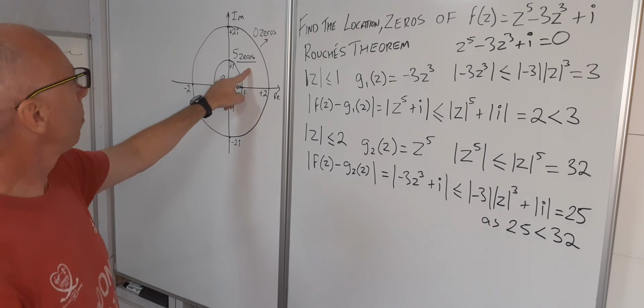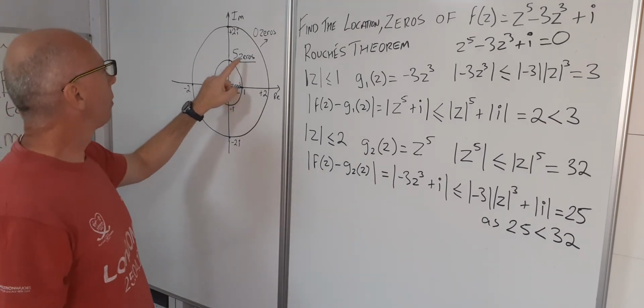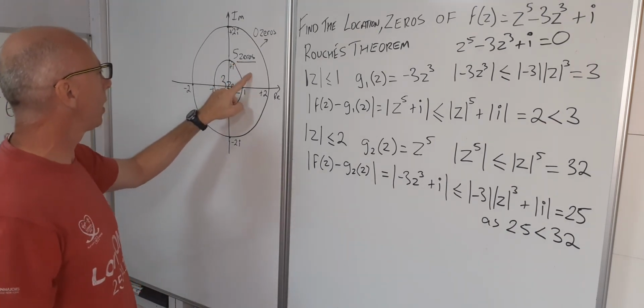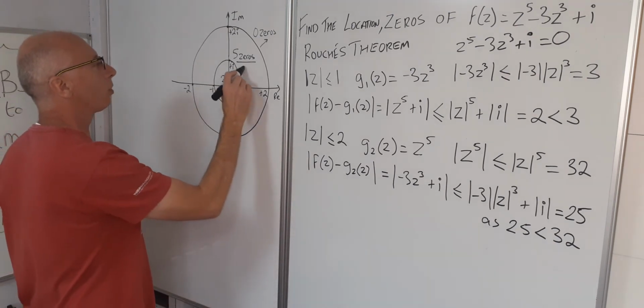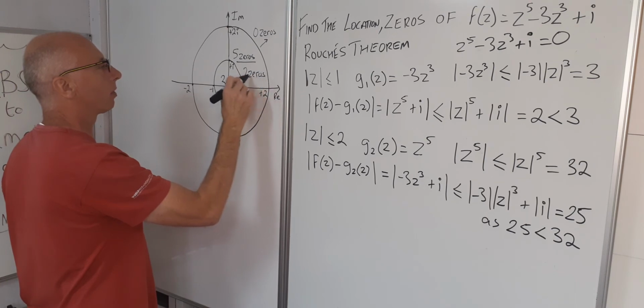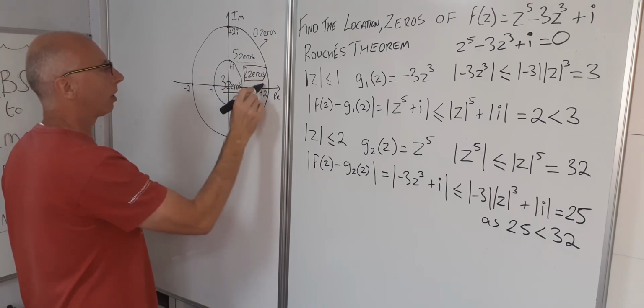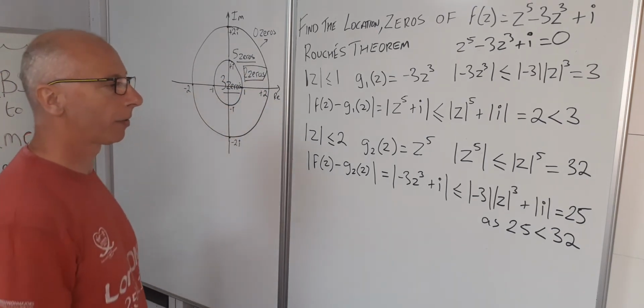So what we can say is by the fundamental theorem of arithmetic, 5 zeros is in here and 3 zeros is near, so therefore there is going to be 2 zeros in this part and 3 zeros in this part.